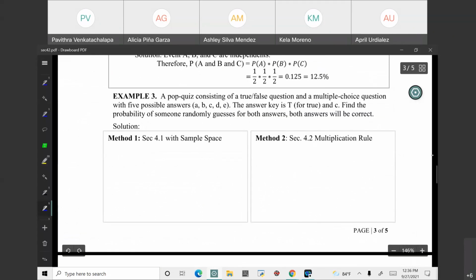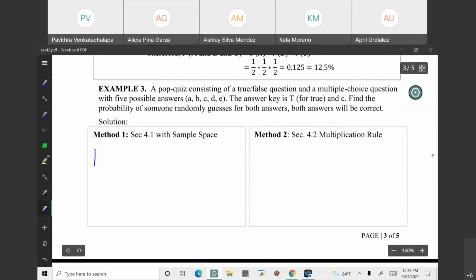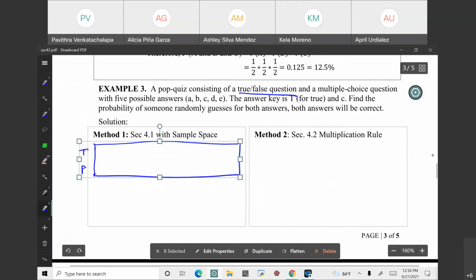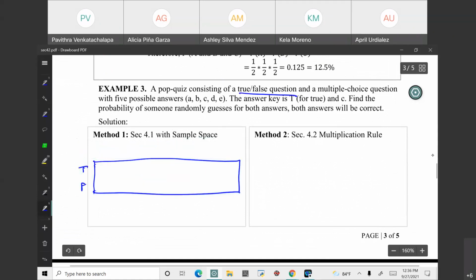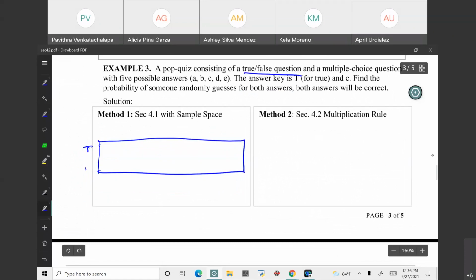Now let us solve this problem. Okay. According to the question, there is a quiz which consists of two questions. One is true or false. There is only one true or false question.